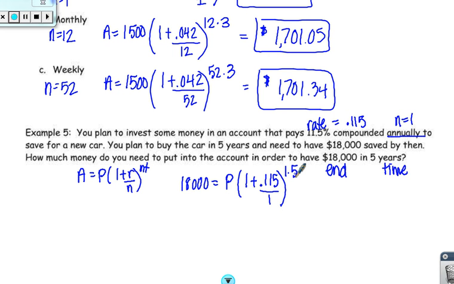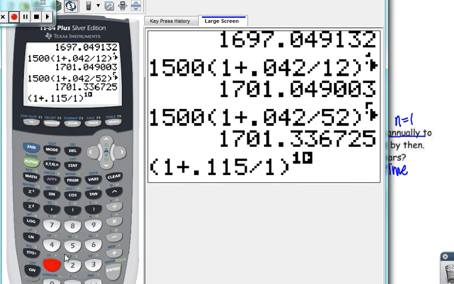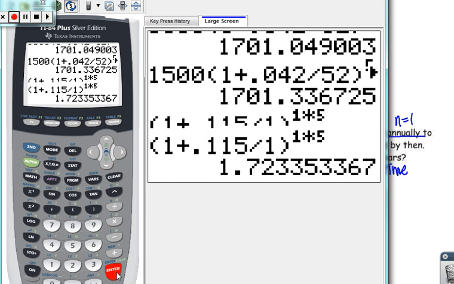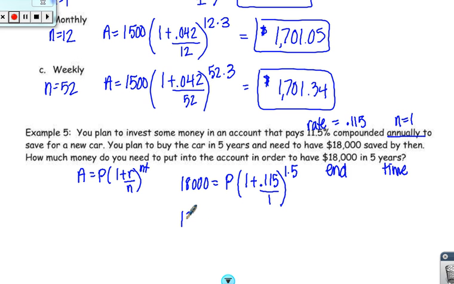So, to solve this for my original amount, this is P times a number. If I take that 1 plus 0.115 divided by 1, to the 1 times 5, that's just a number, about 1.723. So then to solve for P, I would just have to divide by that.